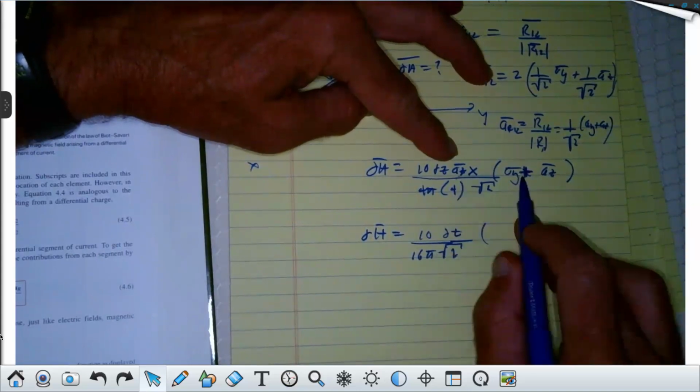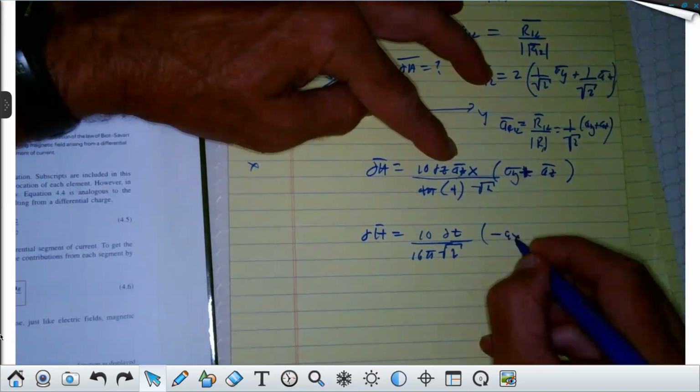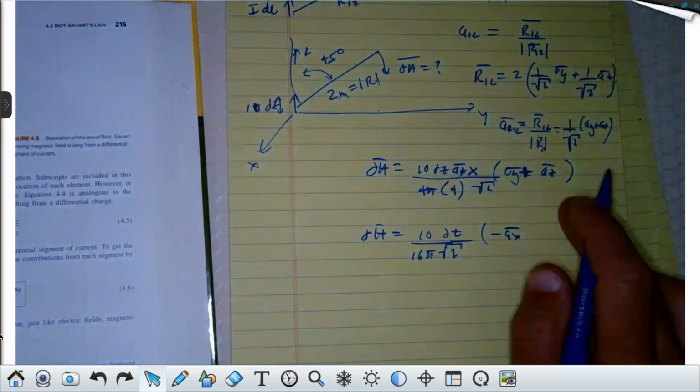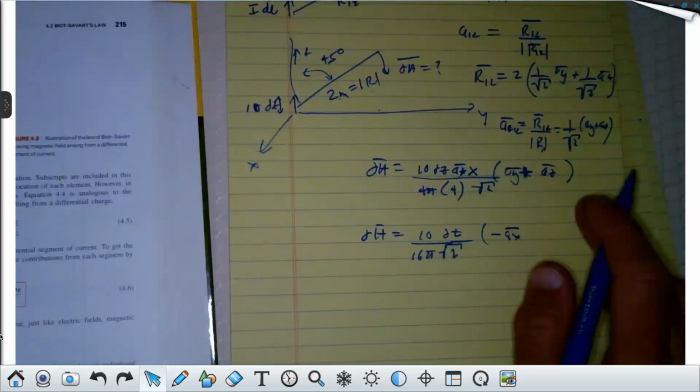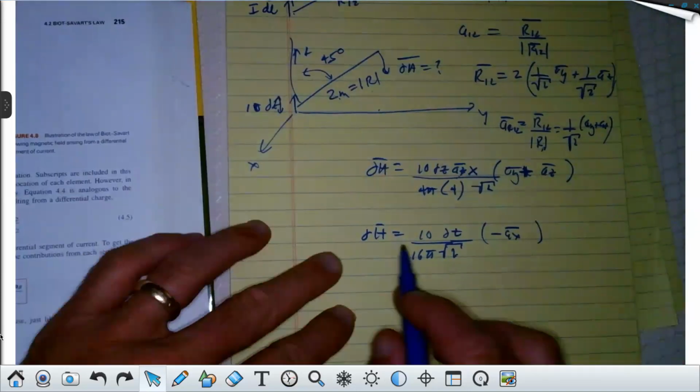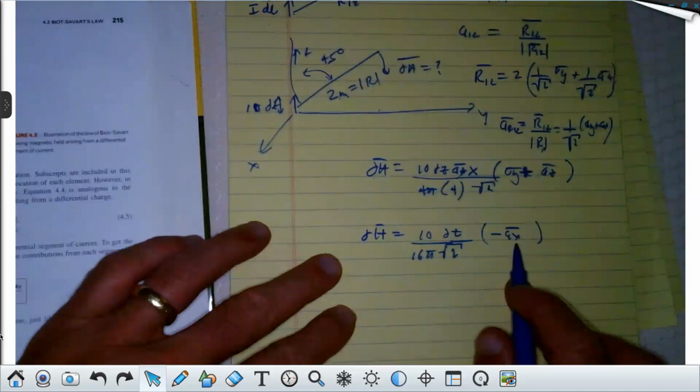AZ crossed AY is? Negative AX. Right. And what is AZ crossed AZ? It's 0. A vector crossed into itself is 0. Okay? So you don't have another term. In other words, DH is in the minus AX direction.